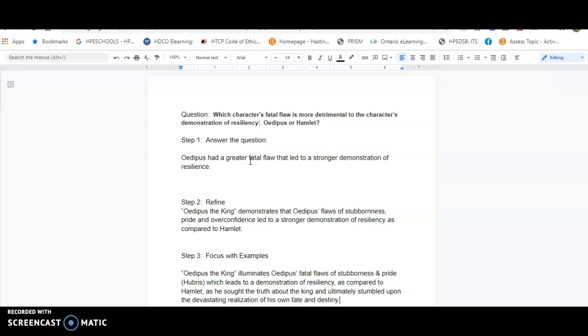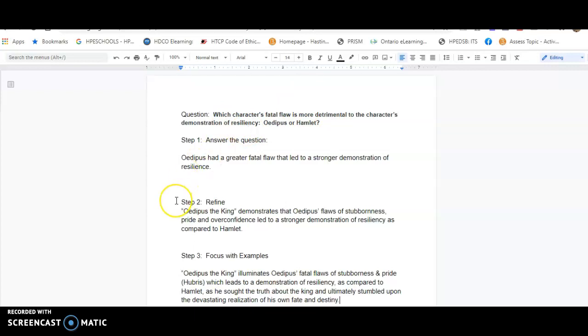This student has chosen Oedipus as the focus of their essay, and so they demonstrated Oedipus had a greater fatal flaw that led to a stronger demonstration of resilience. Does it answer this question? Yes, it does, because it's asking you about a fatal flaw, which of these 2 characters, and that it demonstrates resiliency. However, we can make it better.